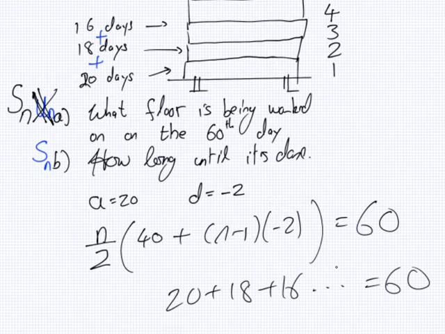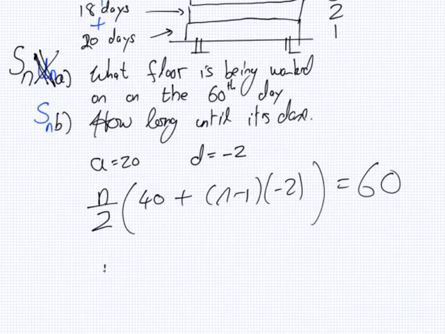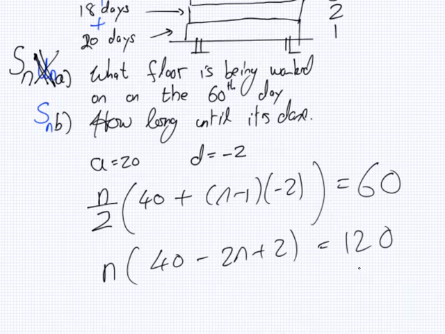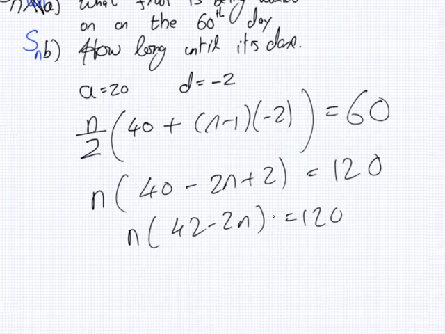Okay. Right, so I don't think this is too bad to solve. n times 40 minus 2n plus 2 equals 120. n times 42 minus 2n equals 120.